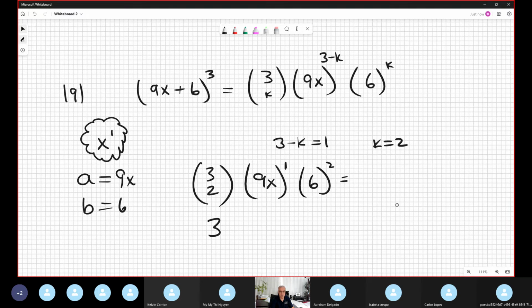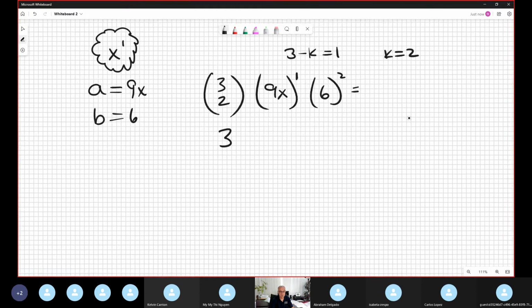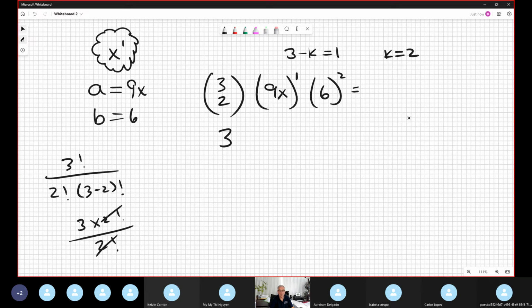That combinatory number is 3 choose 2, which is 3. Let me show you. It's easy. It's 3 factorial divided by 2 factorial, 3 minus 2 factorial. 3 minus 2 factorial is 1, and 1 factorial is 1. And actually, we have in the top 3 times 2 factorial divided by 2 factorial. 2 factorial is cancelled, the answer is 3.